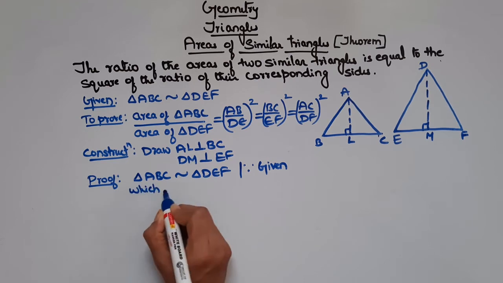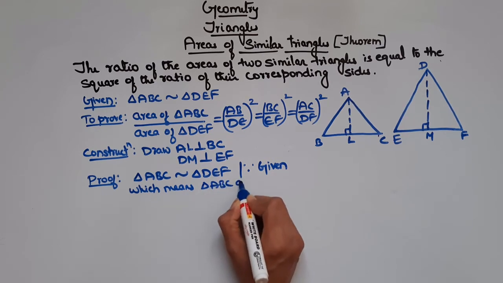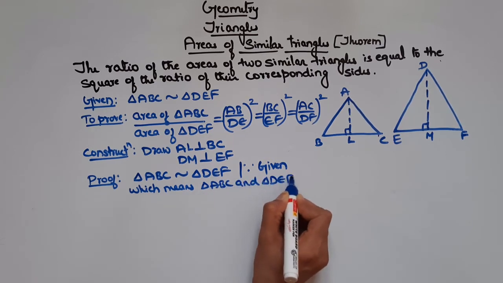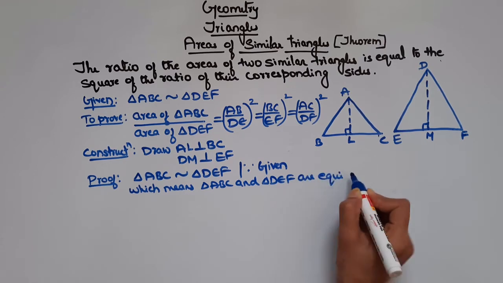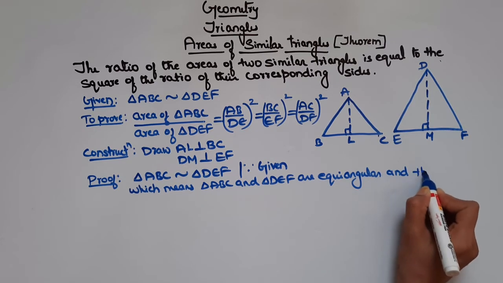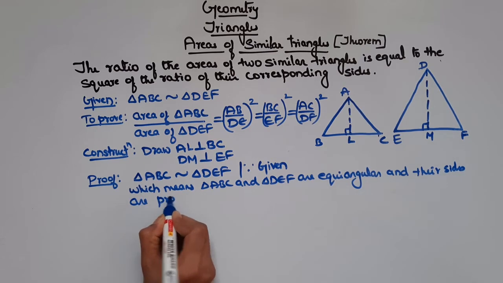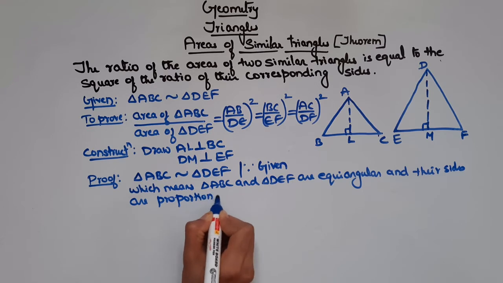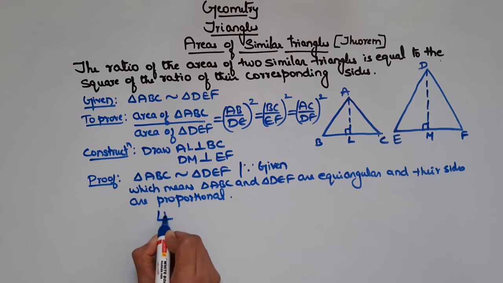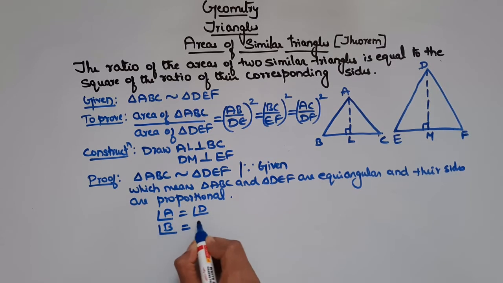Which means triangle ABC and triangle DEF are equiangular and their sides are proportional, right? That means angle A is equal to angle D, angle B is equal to angle E, and we have angle C is equal to angle F.